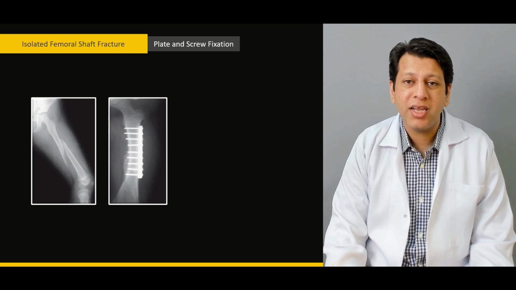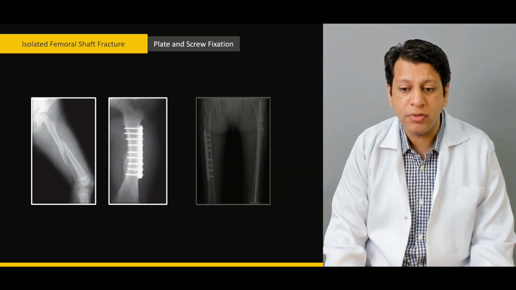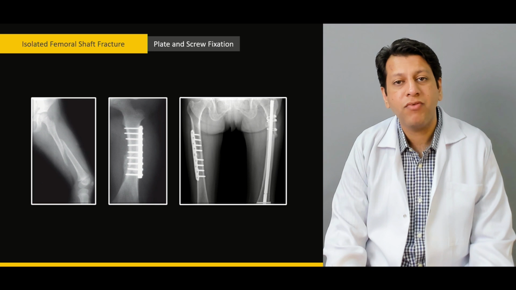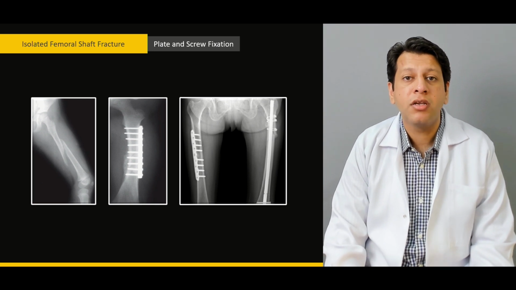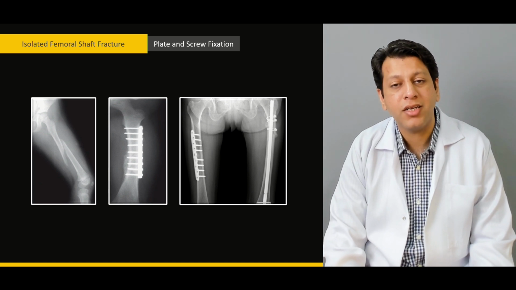Plating is rarely done nowadays, but it is an option, especially in children whose physis is open. Previously K nails were done, but nowadays the flexible titanium nail is the treatment of choice, especially for children around 5 to 9 or 10 years of age.